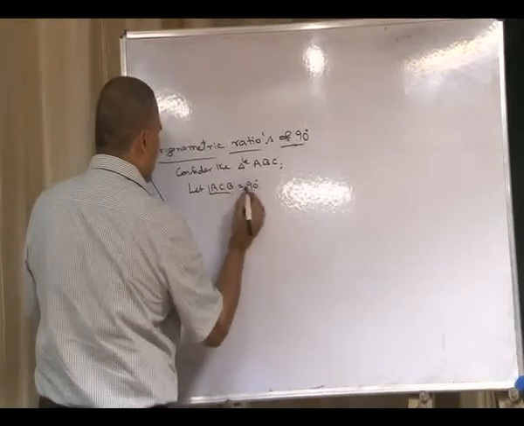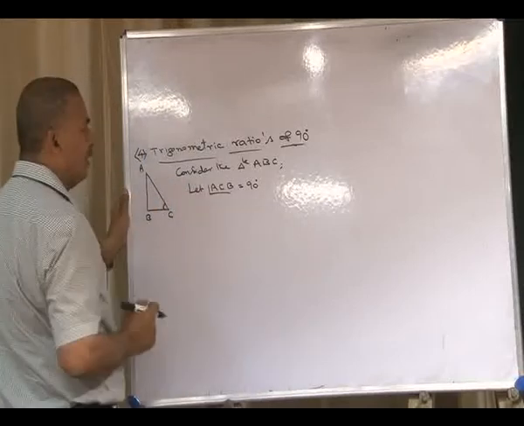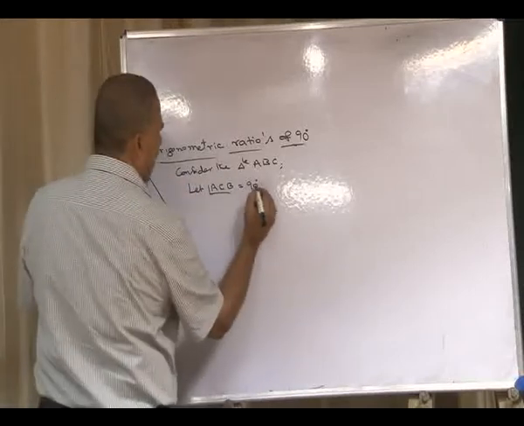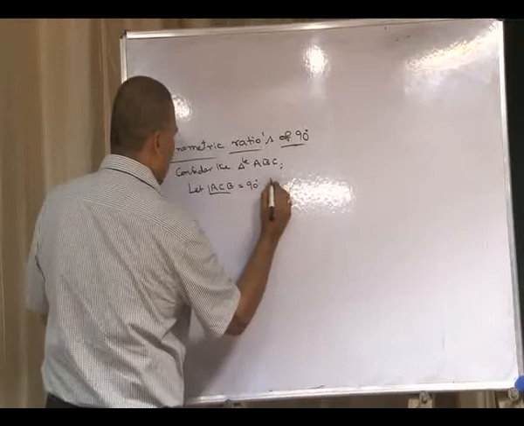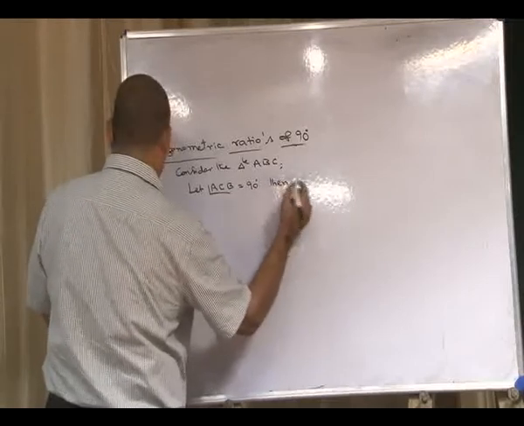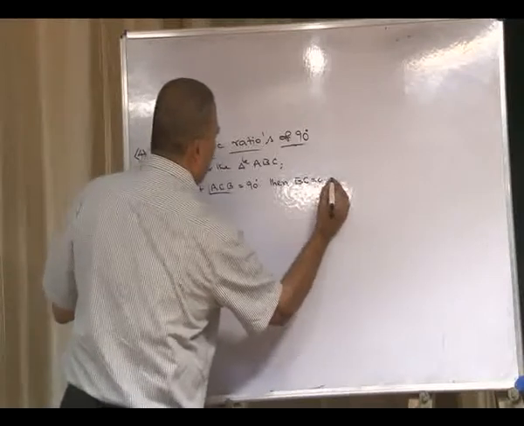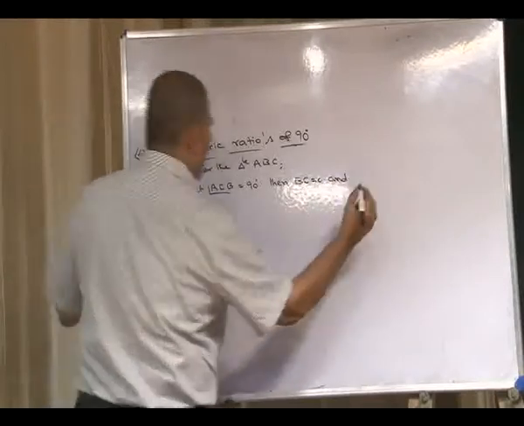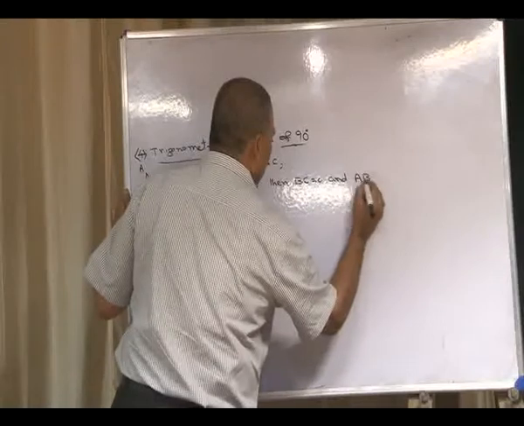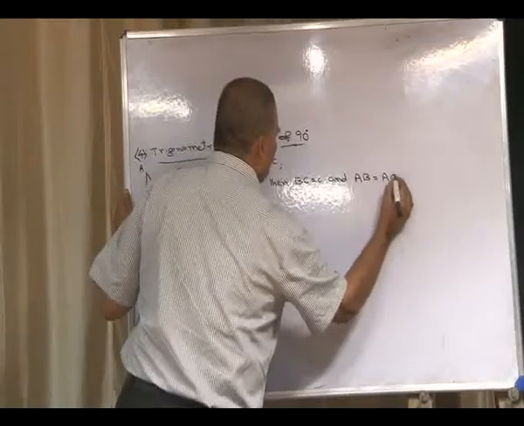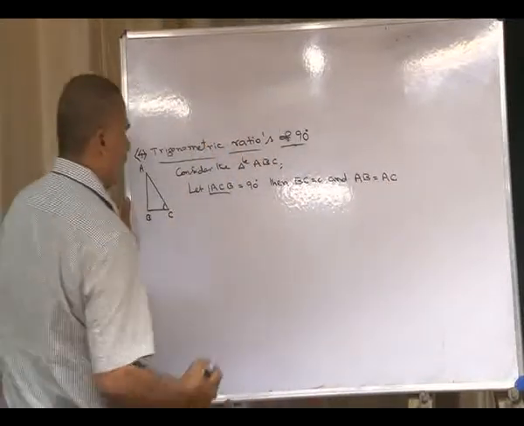That one is 90 degree, means the line AC is on the line AB. Then BC equal to 0 and AB equal to AC.